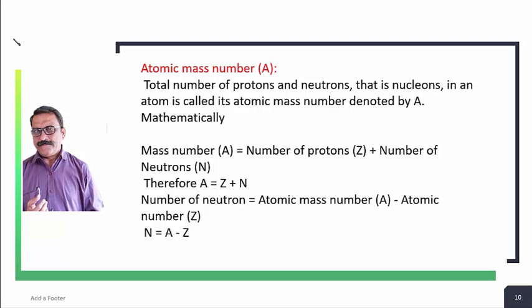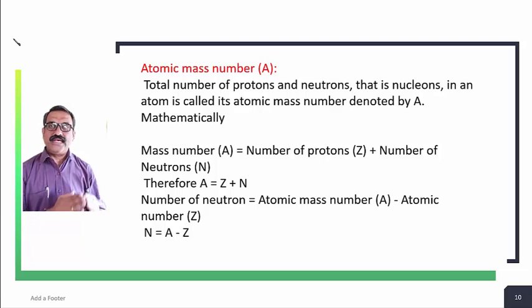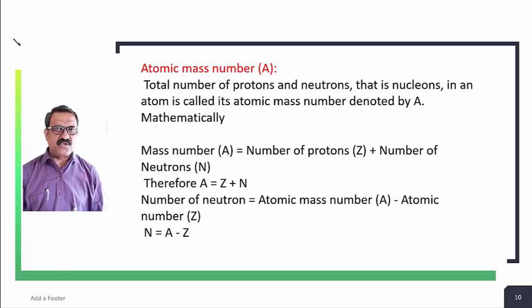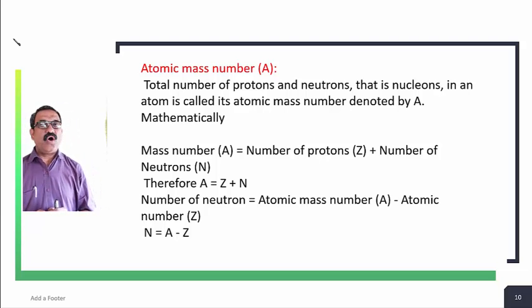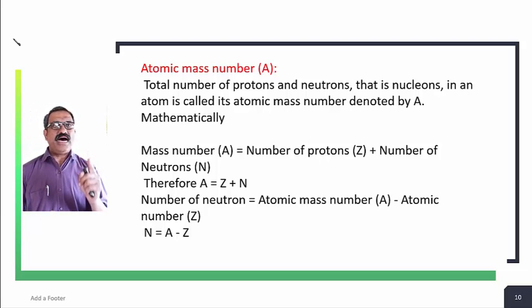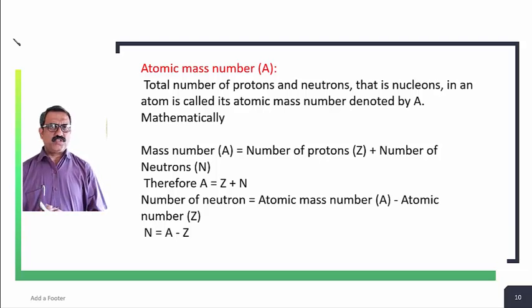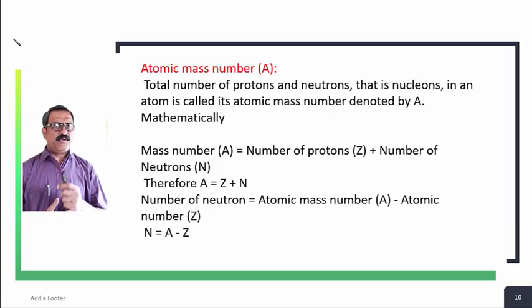We know that proton and neutron are collectively known as nucleons, and hence the addition of protons and neutrons, or the number of nucleons inside the nucleus of an atom, is called the atomic mass number, denoted by capital A. Now, mathematically, what equation can we write? So atomic mass number capital A is equal to number of protons.